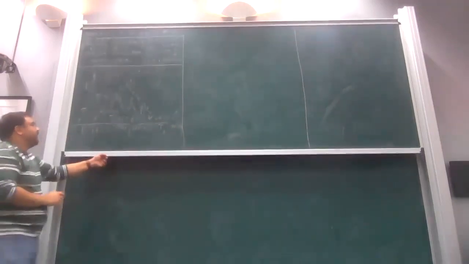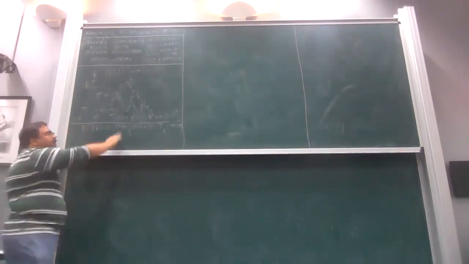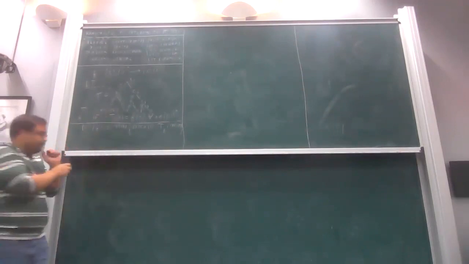So the deterministic query complexity of f, or the decision tree complexity of f, is just the minimum depth of a decision tree that computes it.